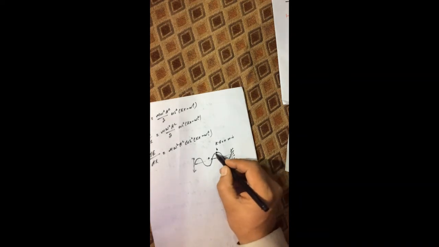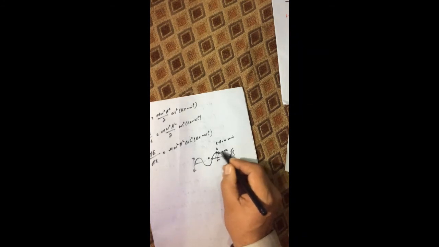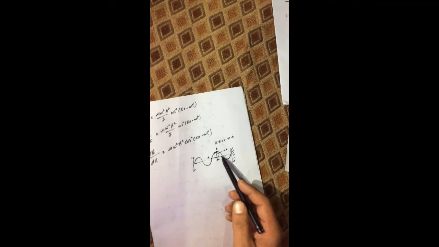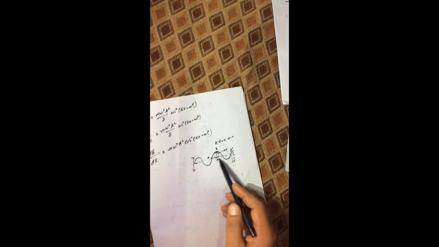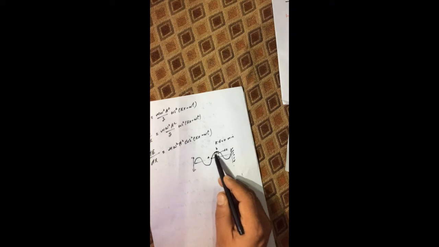Now if we look at point B, suppose I consider 2 neighboring points close to this point B. One is this point and one is this point. If we plot a perpendicular on this one, here we have dx, and here the length is also dx. So there is no change in the length. In other words, at point B the change in displacement is 0, because both these lengths are the same, while in the previous case we had different lengths.